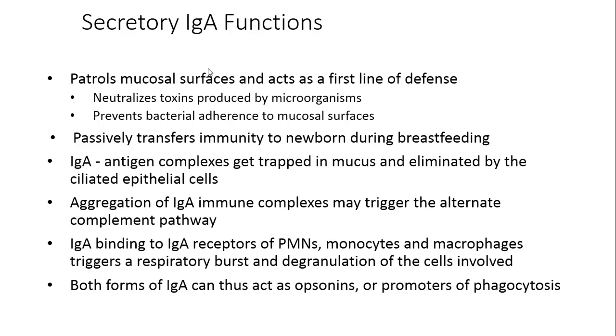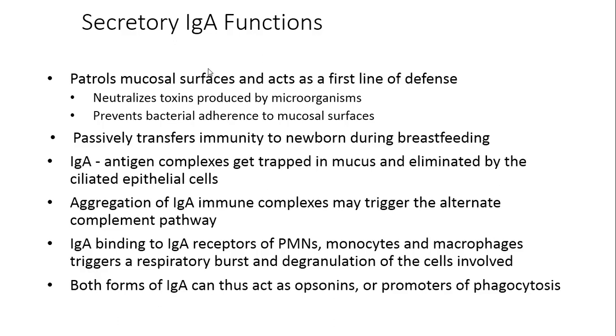So we have specific IgA that's produced. IgA can bind to antigen, and they get trapped in the mucosa, that entire process, and get eliminated, as we spoke of in the first line of defense in the innate immune system, eliminated by the motion of cilia on epithelial cells.